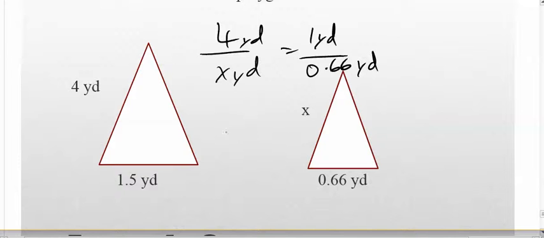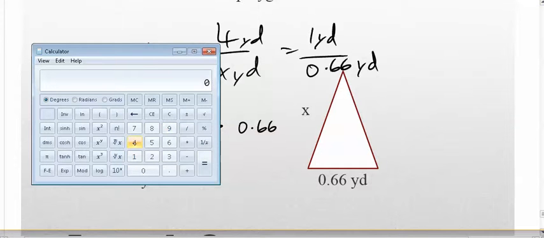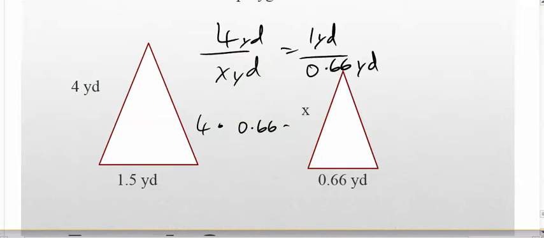We do cross multiplication again, so 4 times 0.66 equals 2.64, and then 1 times x equals x, pretty much, 1x if you want to do that.